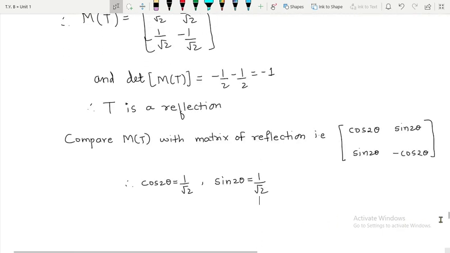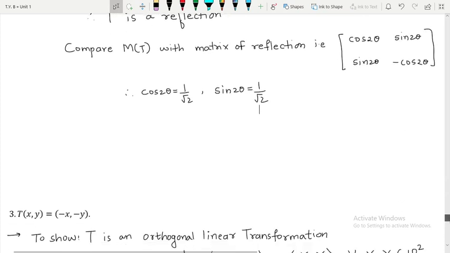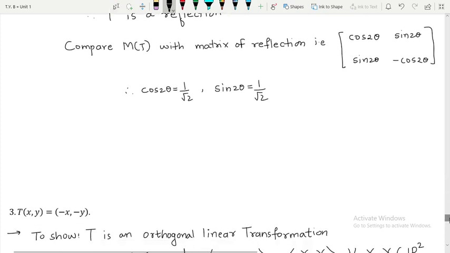But my argument of cos is 2 theta and argument of sine is 2 theta. So what does it mean? Therefore 2 theta should be equal to pi by 4. Just note this. Some students will make a mistake over here. 2 theta should be pi by 4. So what should be theta then? This implies our theta is pi by 8. I hope you got it, because here it is 2 theta.